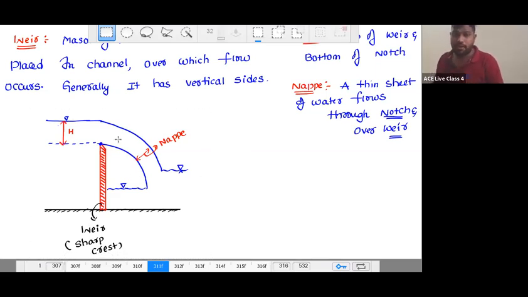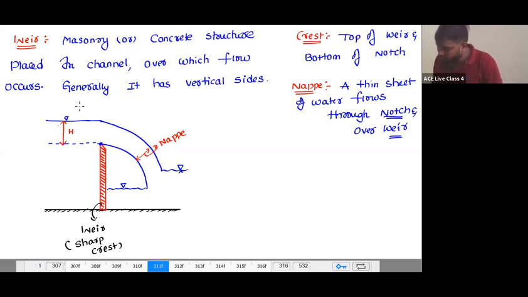Now let's see the cross section. This is a longitudinal section or elevation, my dear. Now, if I see the cross section, have a look.